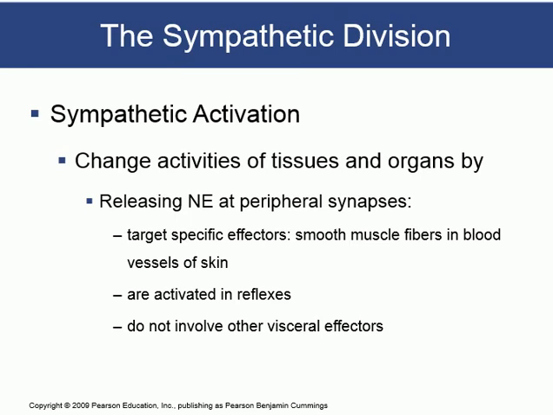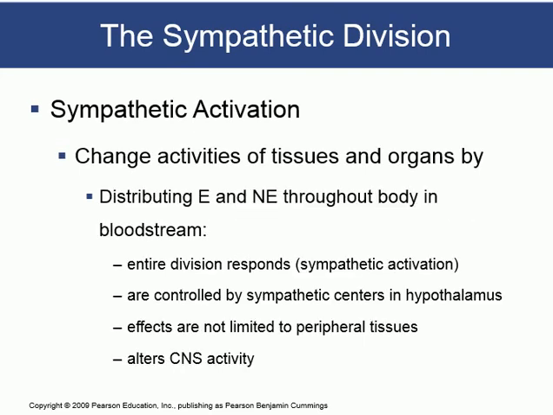Norepinephrine, when it's released, will go to the effectors, which are the smooth muscles of the blood vessels of the skin, for example, and it's going to constrict those. Epinephrine and norepinephrine will also lead to CNS activation, alertness.